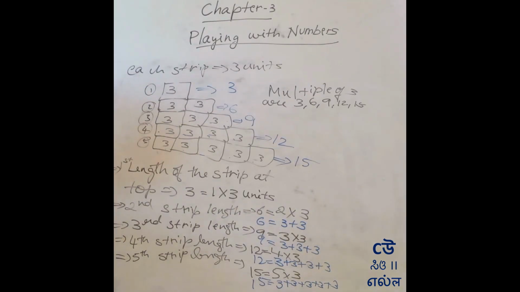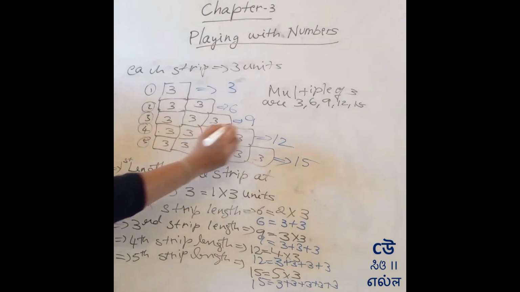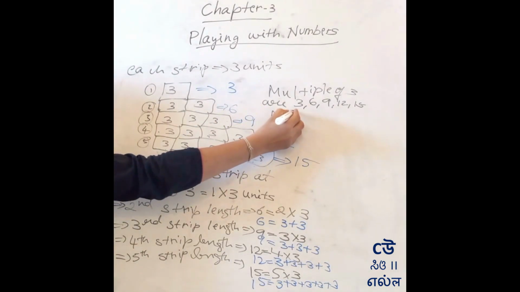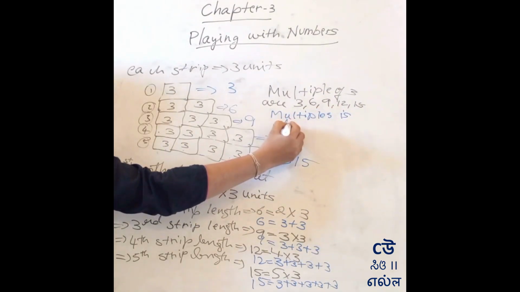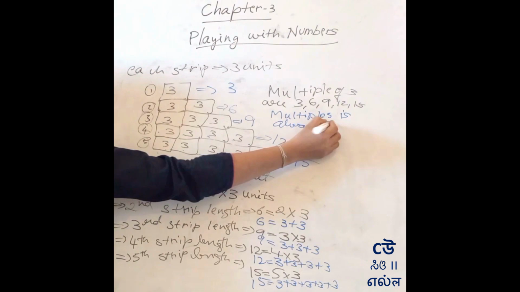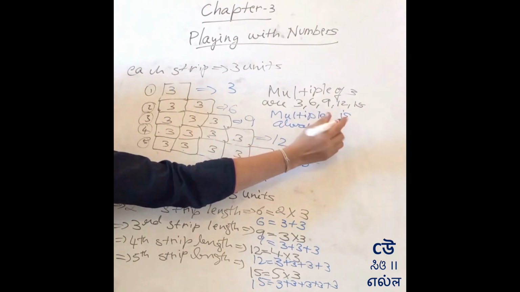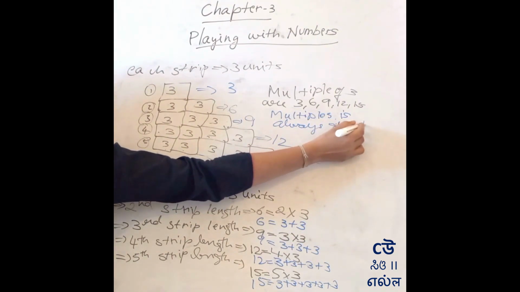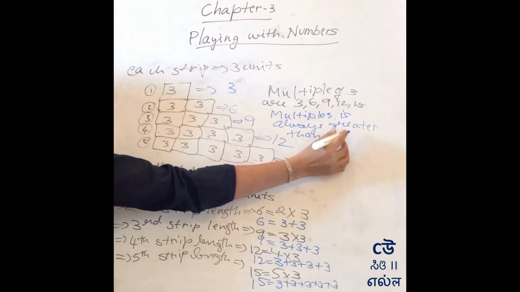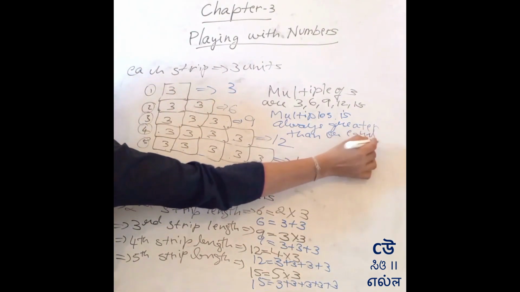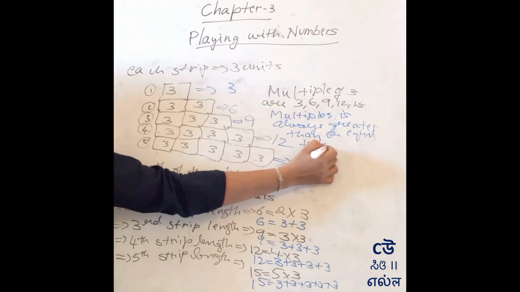Factors are always less than or equal, multiples are always greater than or equal to the number.